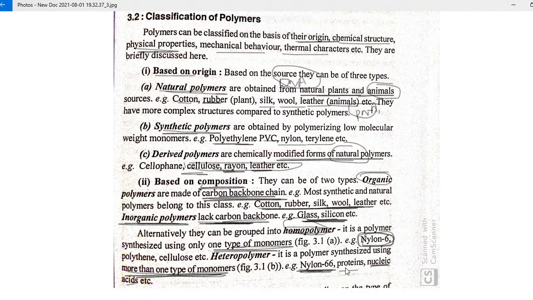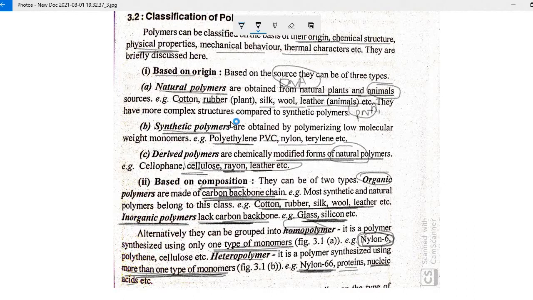So remember that nylon 6 is an example of homopolymer and nylon 66 is the example of heteropolymer. Okay, so this is the classification of polymer based on the composition.